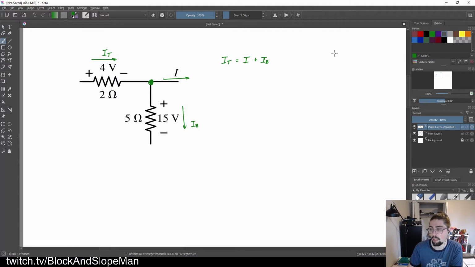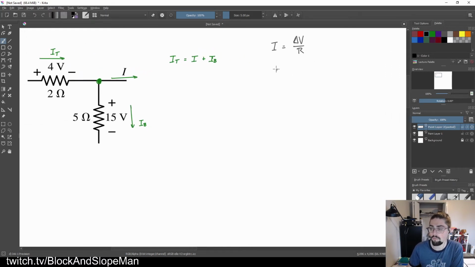We will use our handy-dandy equation: I is equal to delta V divided by R. For the top one, I of t is going to be equal to 4 volts divided by 2 ohms. I of b is going to be equal to 15 volts divided by 5 ohms.